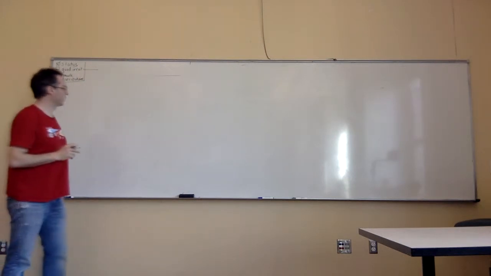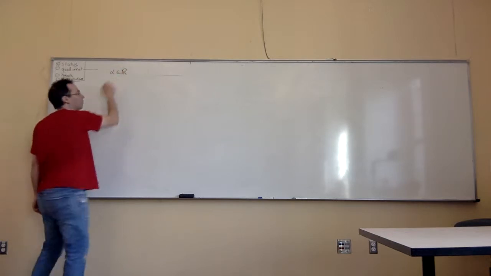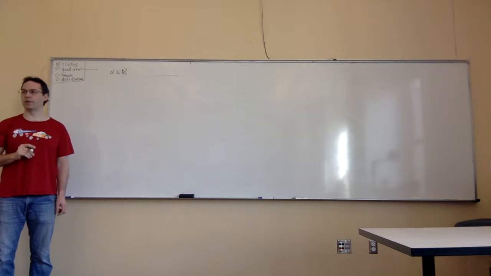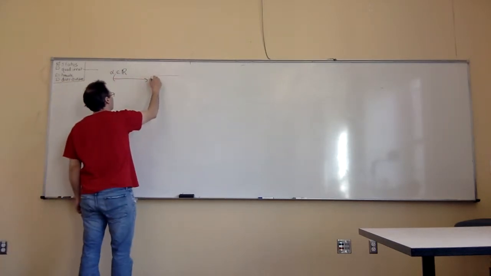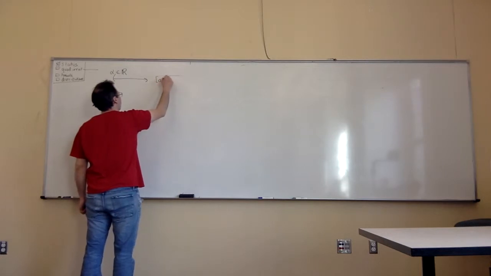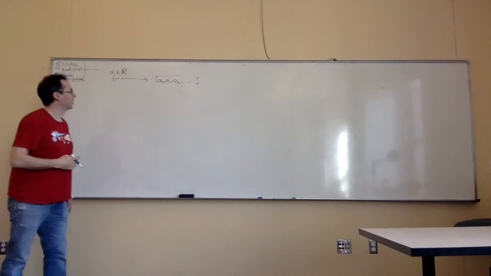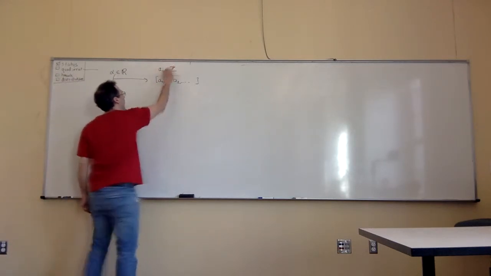Remember last time, the main point was that given any real number alpha, there's a continued fraction representation of that real number. So alpha has a continued fraction a0, a1, a2, etc. It's a continued fraction with the ai's all integers, so it's a simple continued fraction.